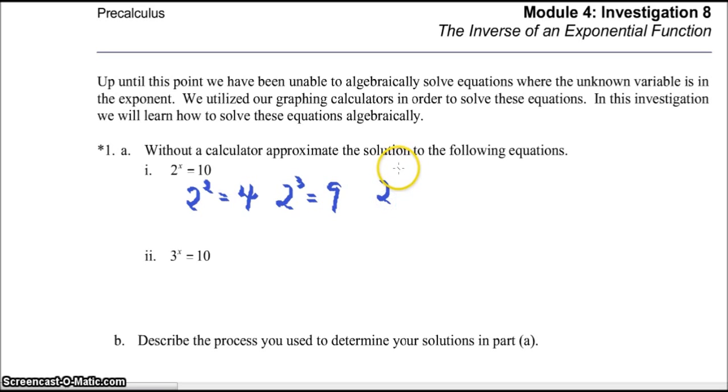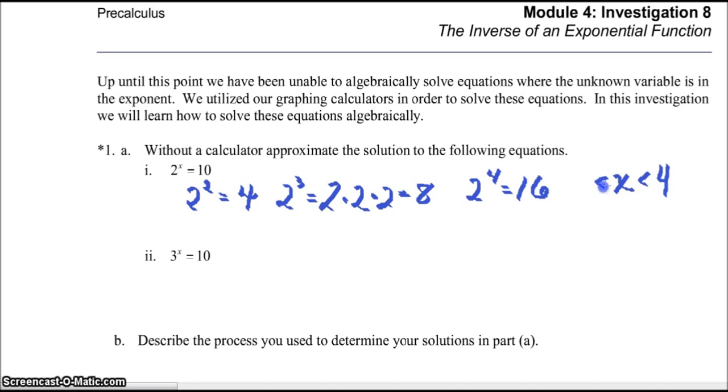Wait, that's not right. Sorry. 2 cubed is 2 times 2 times 2, which is 8. And 2 to the 4th is 16. So x must be somewhere in between 3 and 4.